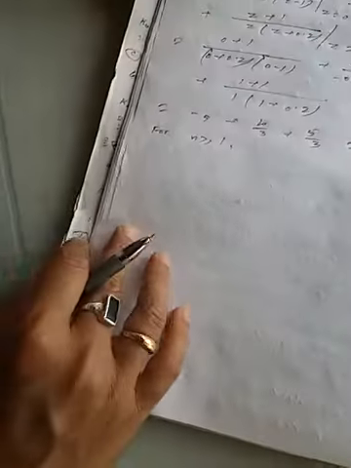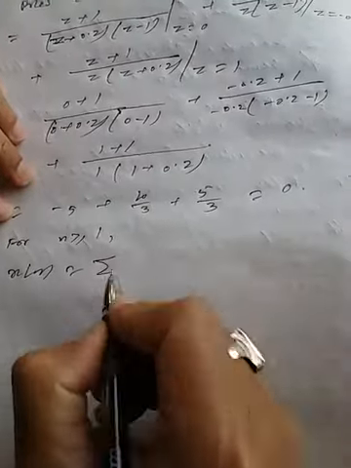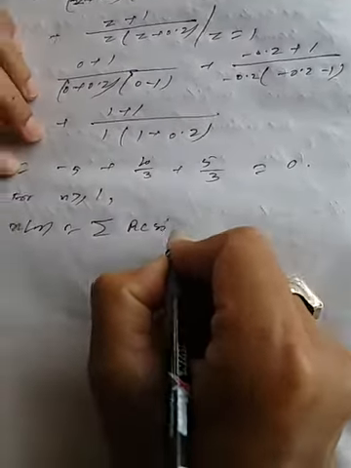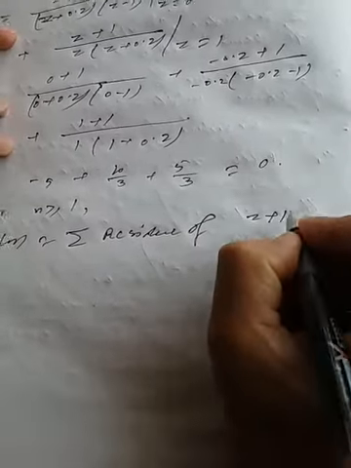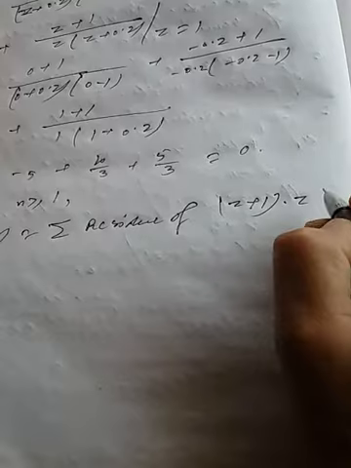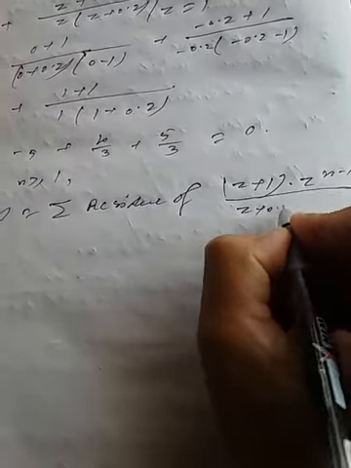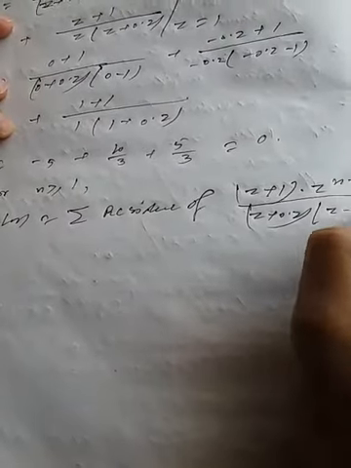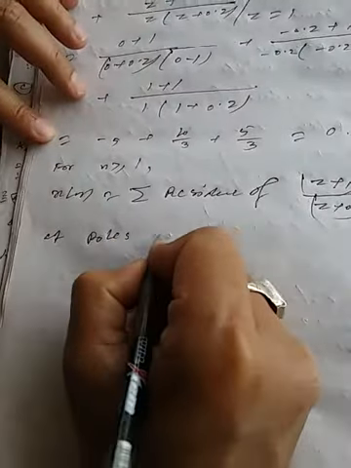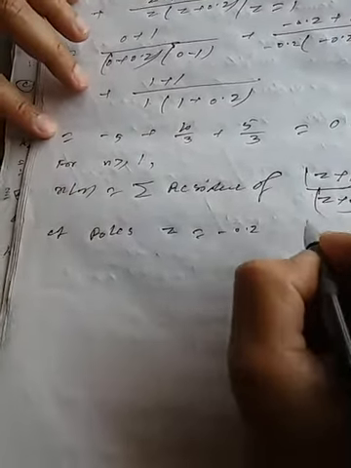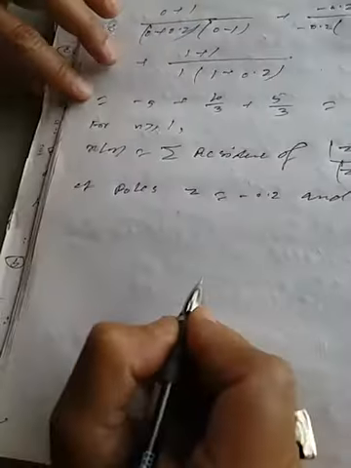Now for n greater than or equal to 1, xn equals the sum of residue of (z plus 1) into z to the power n minus 1 divided by (z plus 0.2) into (z minus 1), at poles z equal to minus 0.2 and z equal to 1, right?